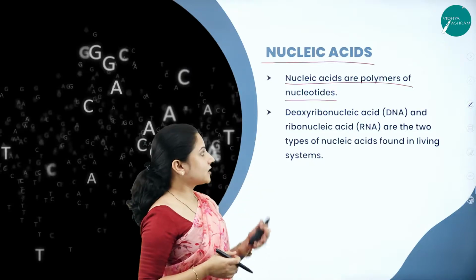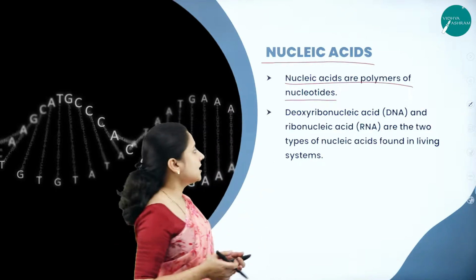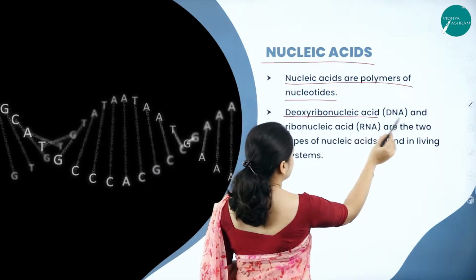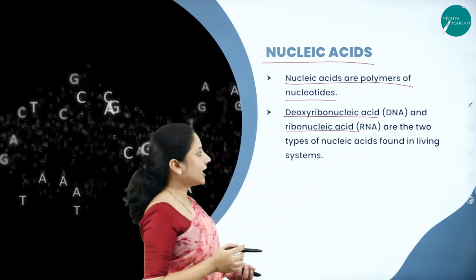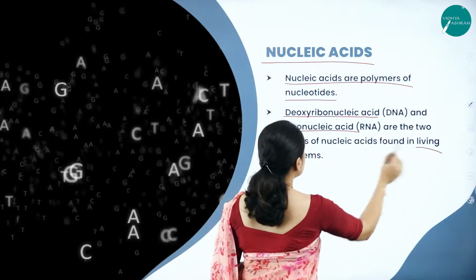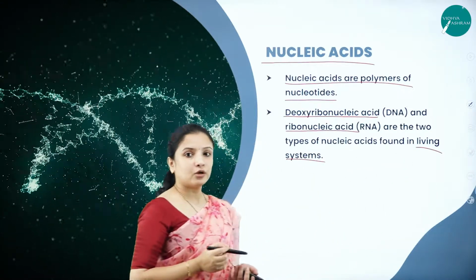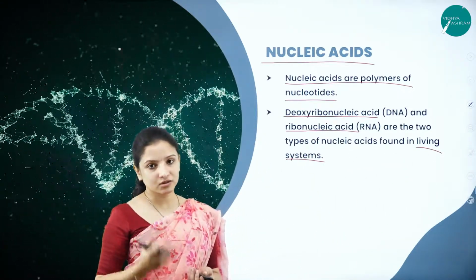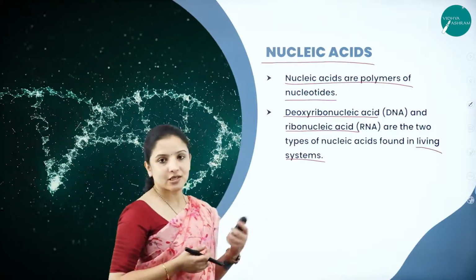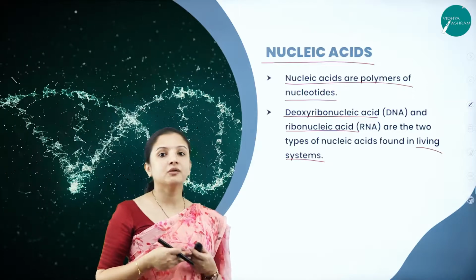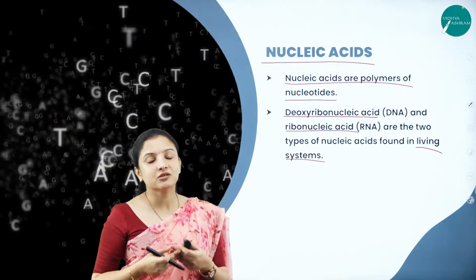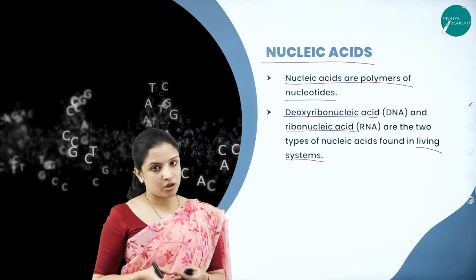So deoxyribonucleic acid and ribonucleic acid, that is DNA and RNA, are the two types of nucleic acids found in living systems because they are made up of nitrogenous bases. We shall study each of these one by one, wherein we shall concentrate more on the DNA because that is the genetic material present in humans.